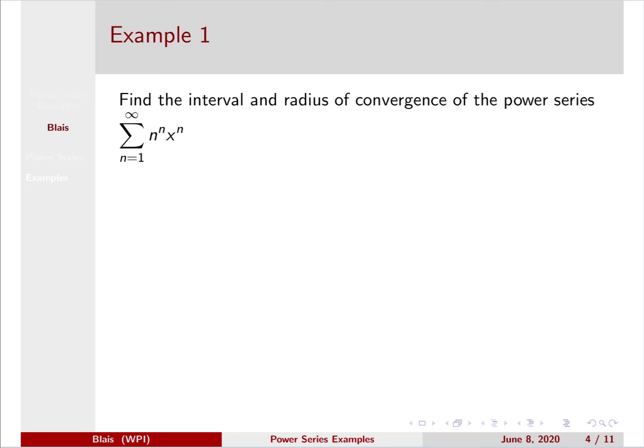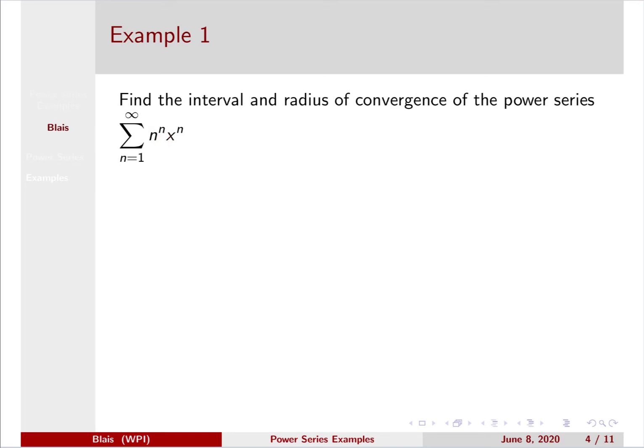Here we note that this is really a competition: n to the n versus x to the n. x to the n is a polynomial term in n, and in n to the n, you have n in both the base and the exponent. Remember, we looked at this when we studied our ratio and root tests. n to the n goes to infinity remarkably fast.